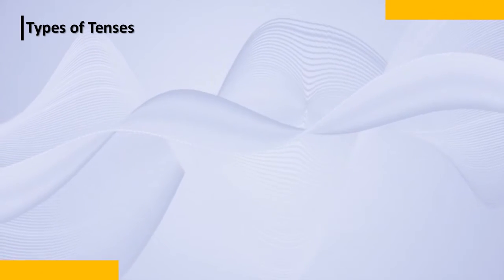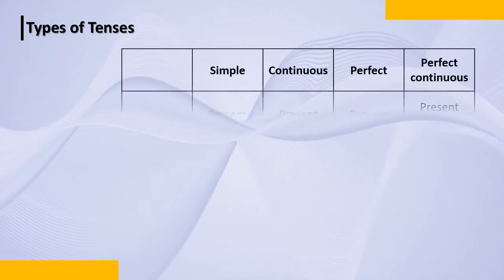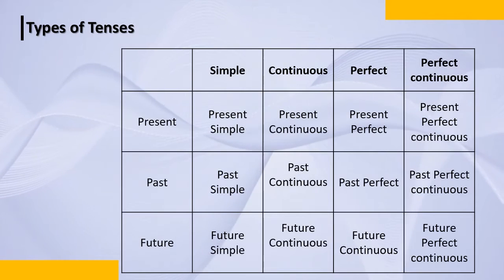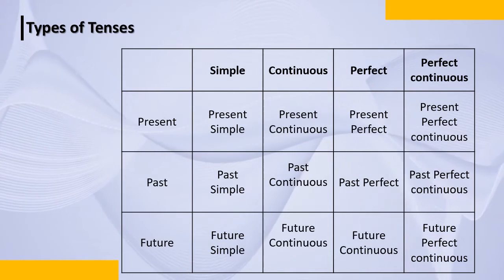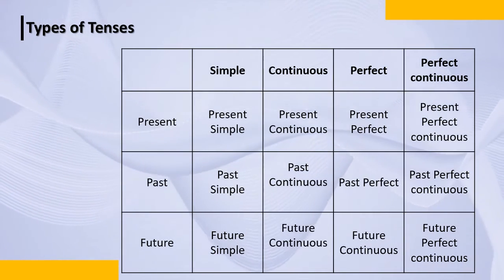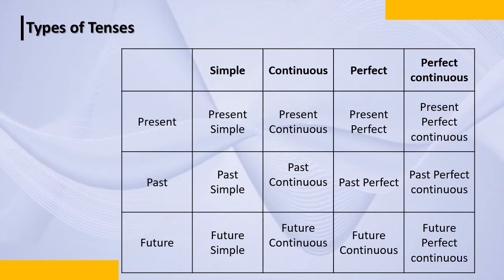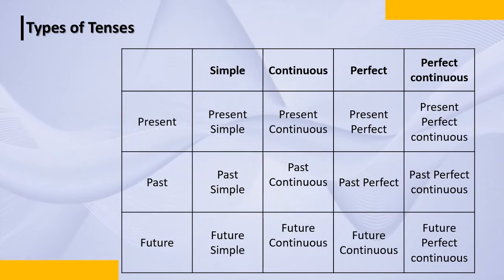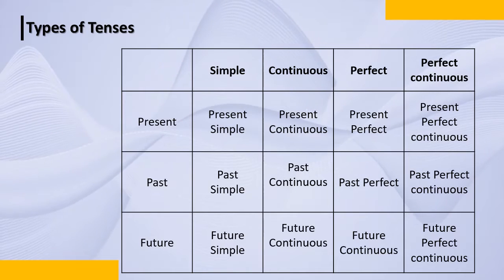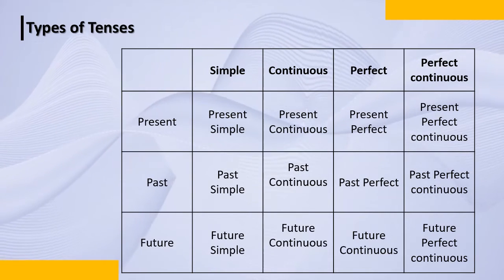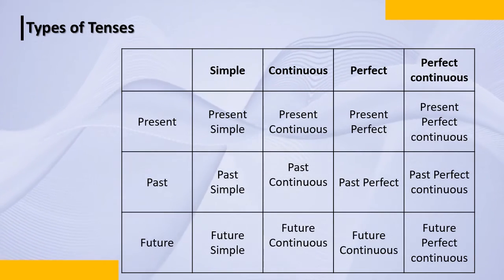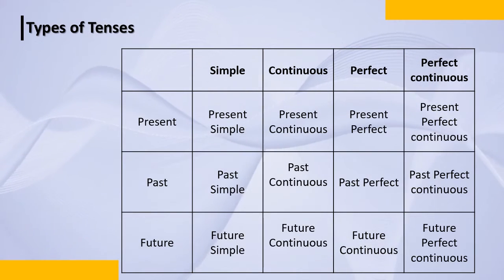Sentences. What are the different types of sentences we have? Now let's see the box. On the left hand side, you see present, past, and future tenses. Present simple, present continuous, present perfect continuous.